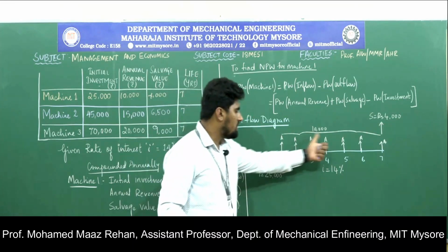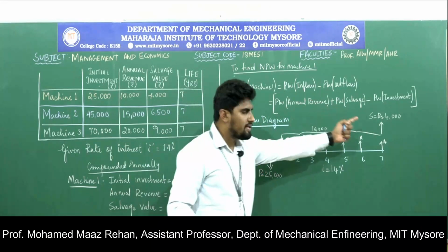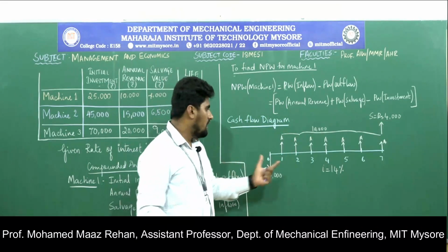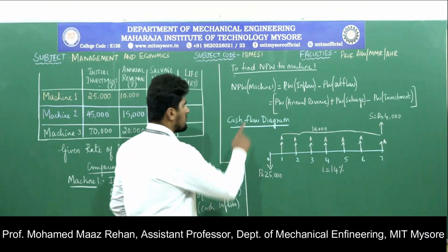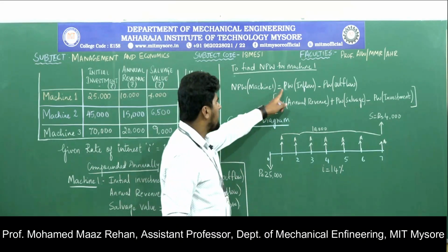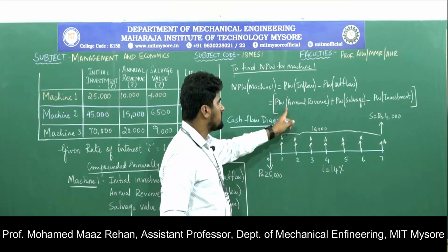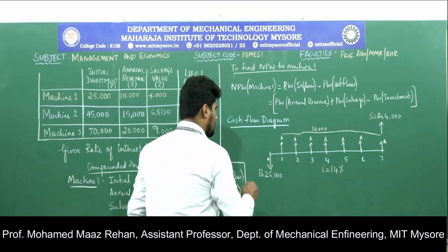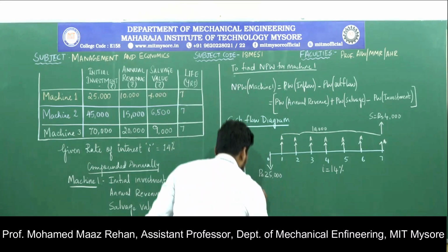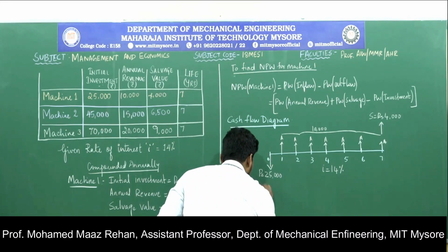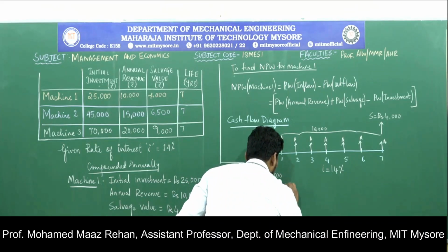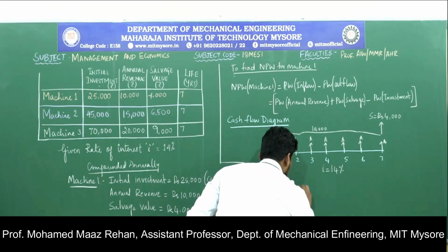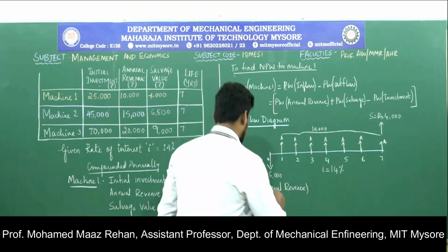You have to convert A to P and S to P. How are we going to convert this? First I will take the present worth of inflows, that is present worth of annual revenue. How are you going to find this?